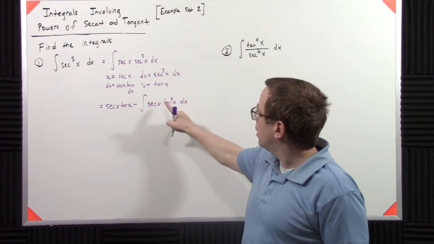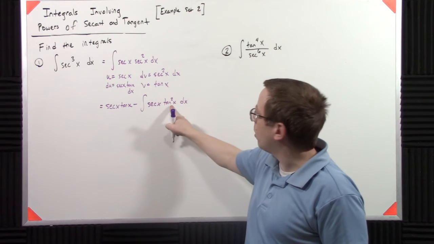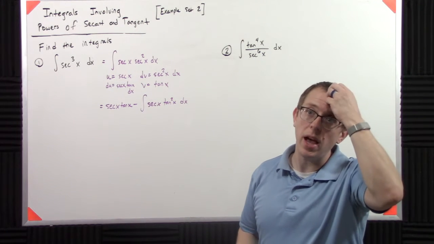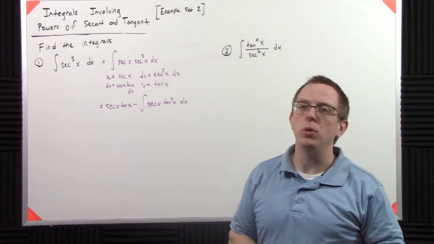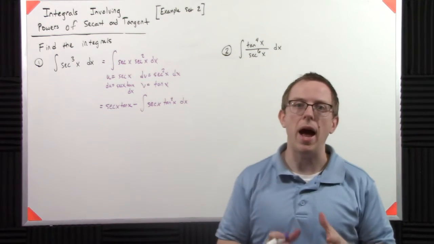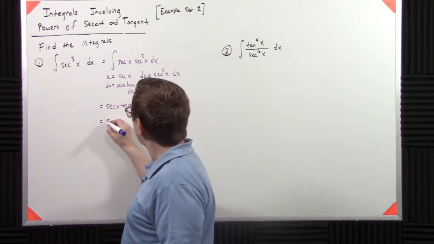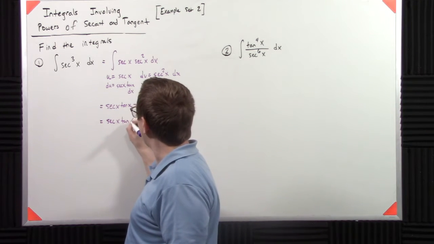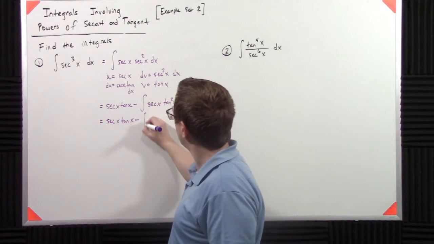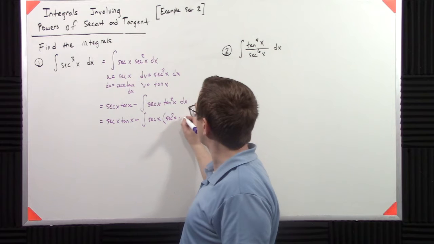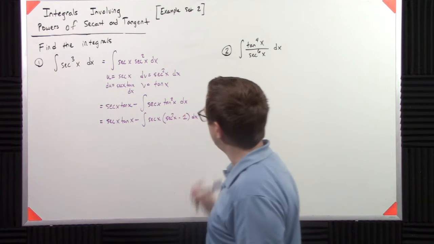So then I've got some sort of odd power of secant and some sort of even power of tangent. When I have something like that, I want to convert these tangents back to secants. So I have secant x tangent x minus the integral of secant x times (secant squared x minus 1) dx.